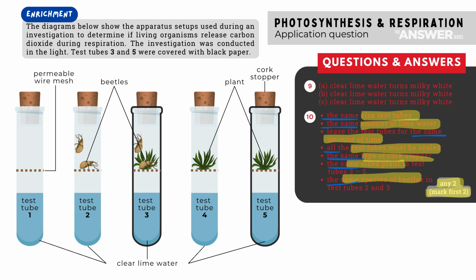In other words, the same sized test tube, the same amount of clear lime water. So please remember to write full sentences when answering variables, especially constant variables, to ensure that you've actually phrased your answer in a way that makes it a constant variable.